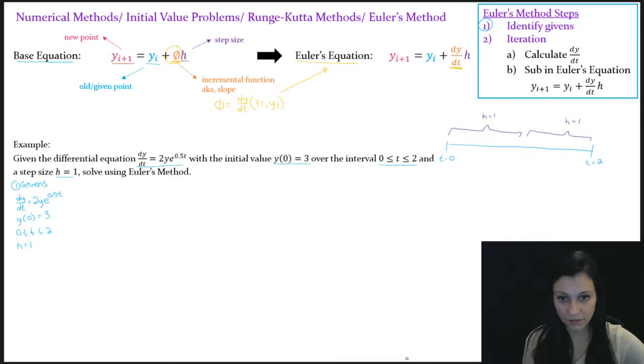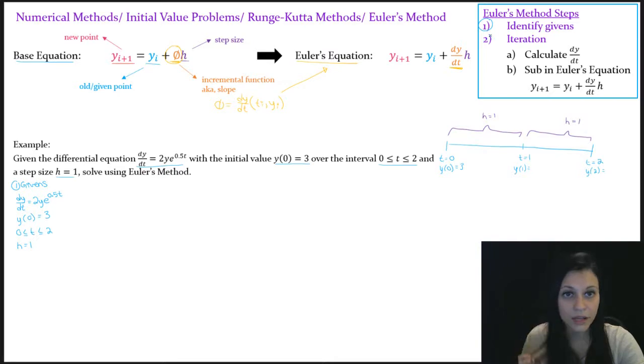That means that we will have an intermediate step at t equals 1. And right now, we know the y value at t equals 0 is 3. And we don't know the y value at t equals 1 or t equals 2.